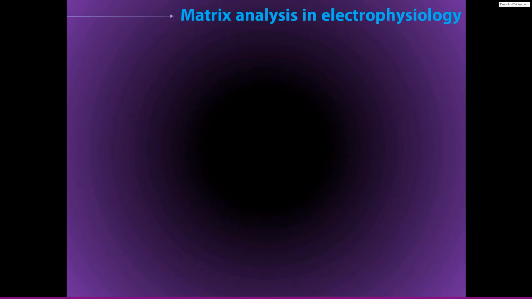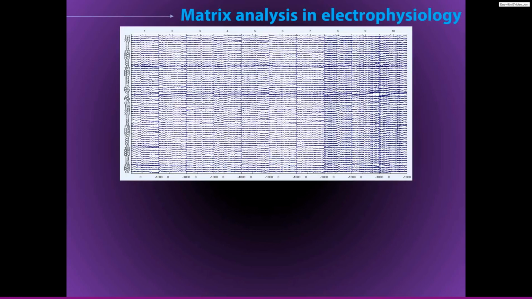So why is it important to know how to work with matrices and how to use matrix operations in electrophysiology? In part, the answer is obvious, because almost all of our data are stored in matrices.